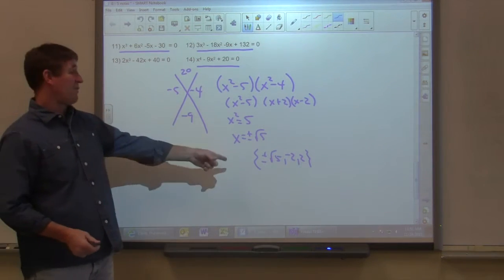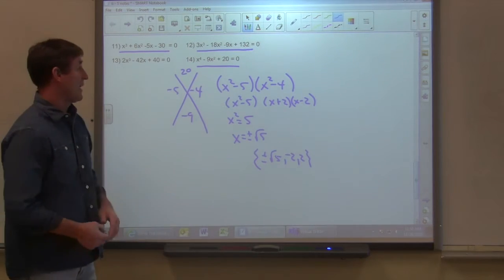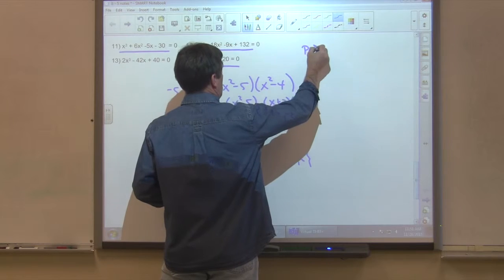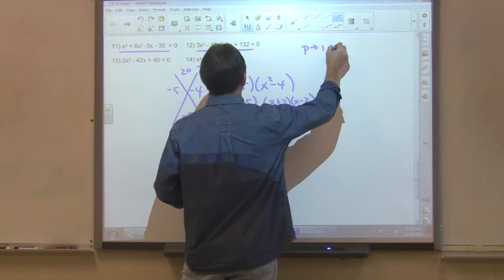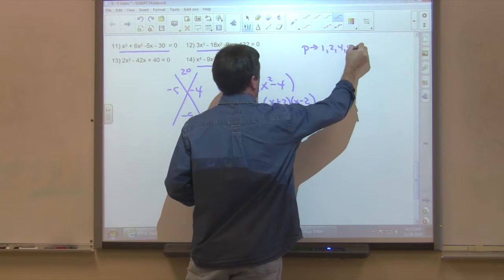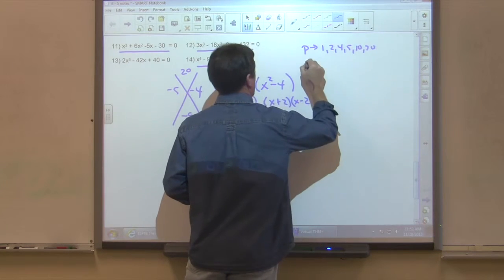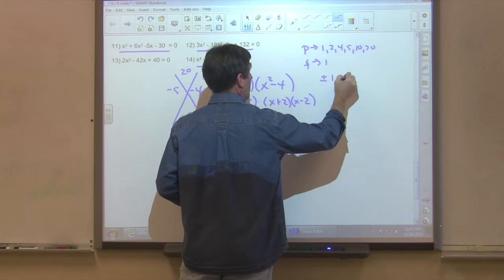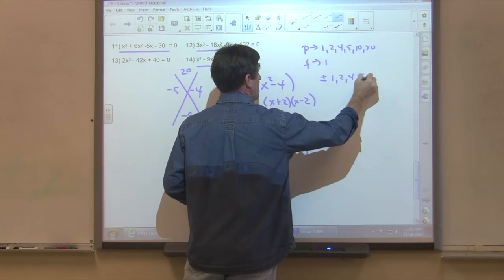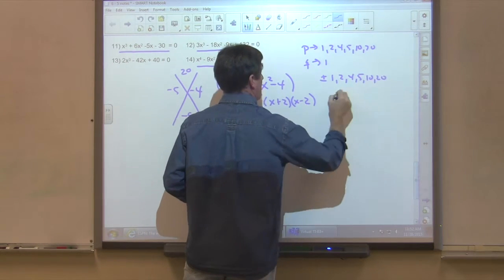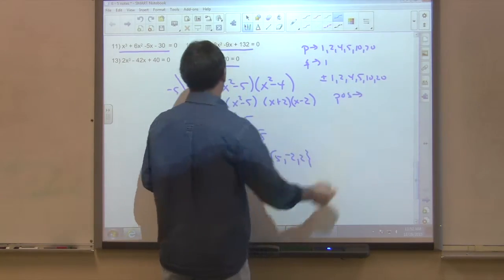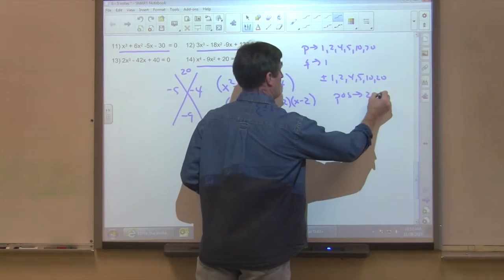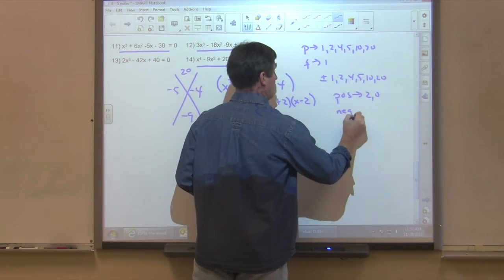So it's really handy if you recognize that, because if you don't, then we have to go through the process of our factors of p are 1, 2, 4, 5, 10, and 20. Our factors of q are 1. Positive solutions, we have 2 sign changes, so 2 or 0, and negative.